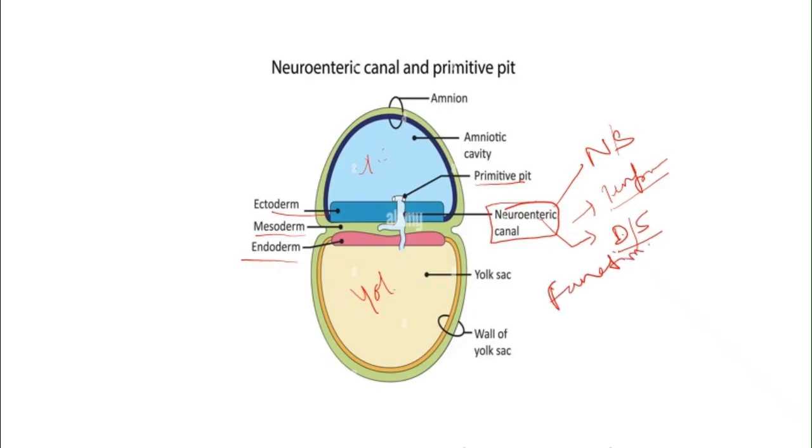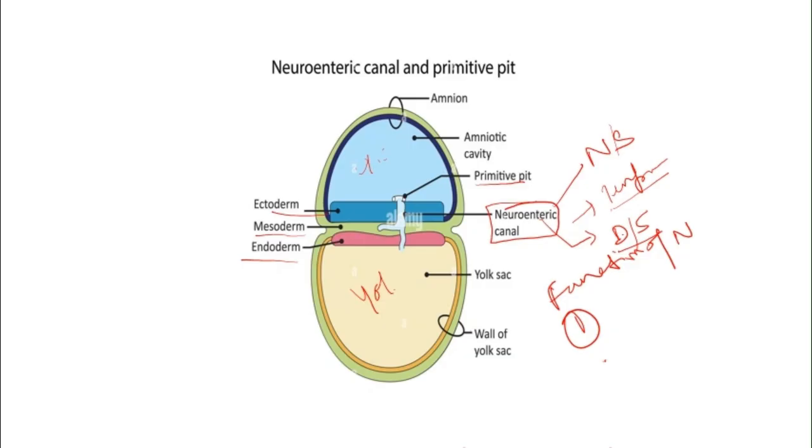The function of this comes under the function of the neuroenteric canal. First, there is an exchange of cells and molecules and signaling between the nervous system and the digestive system, which is very important for the proper development of the nervous as well as the digestive system. And as this is a temporary canal, later on it fuses.